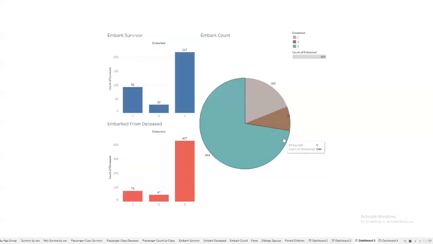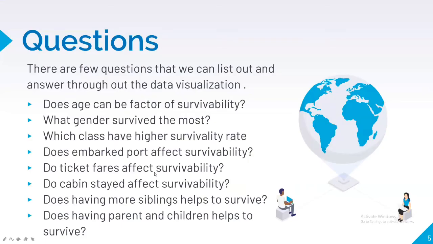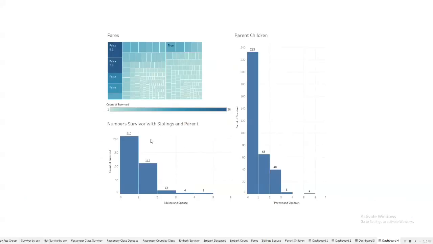Next question. Does having more siblings help to survive? In the chart, we can see that if you have a higher count of siblings and spouses, for example four siblings or spouses, the survivability rate will be lesser, as there are only 3 people that have 4 siblings or spouses who survived.